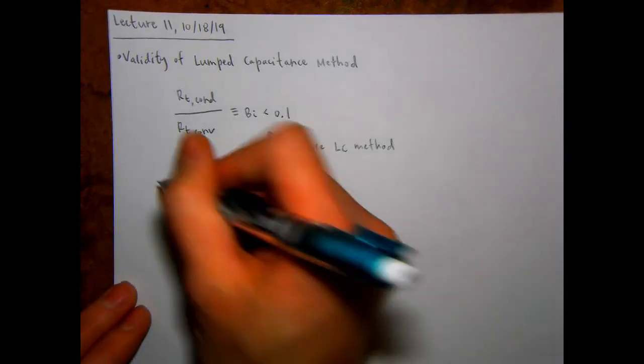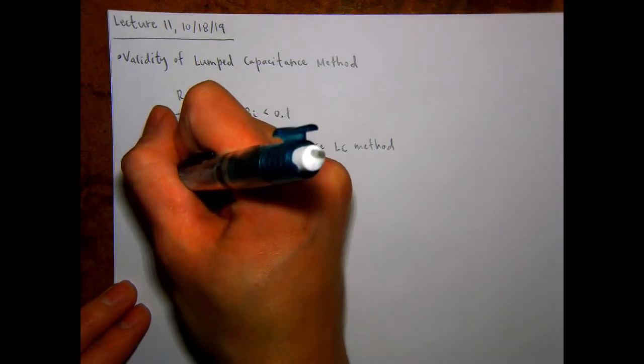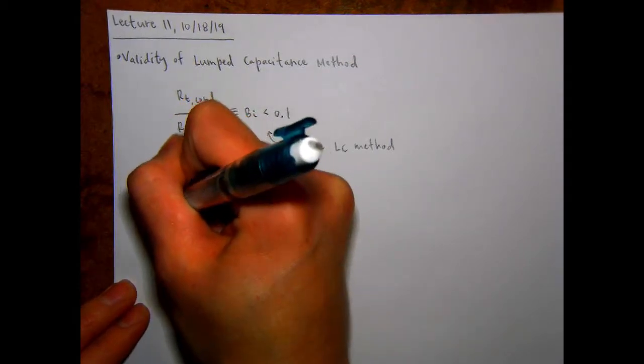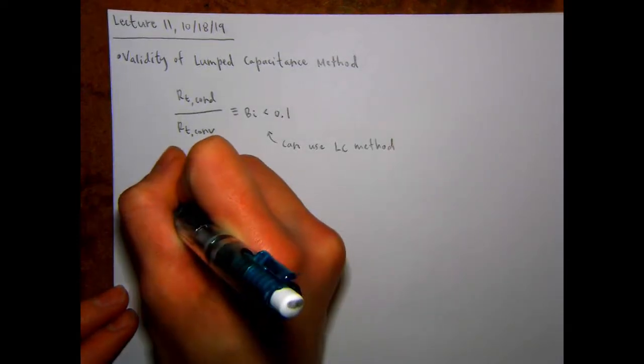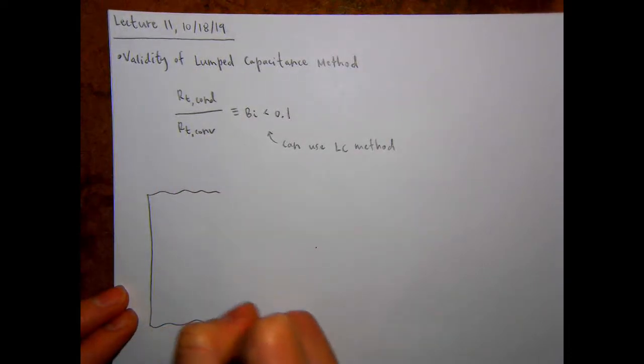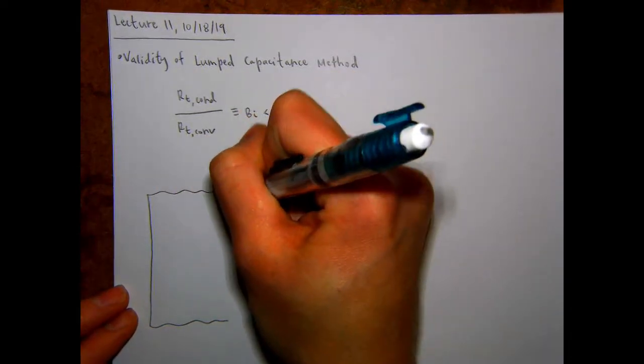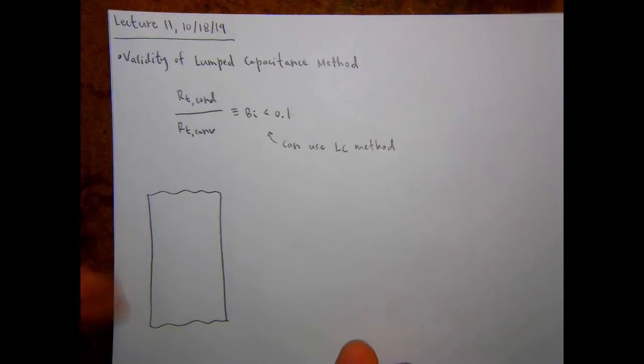So let's take a visual look at what a material with different Biot numbers might look like. Let's take just a plain wall, a section of a plain wall.